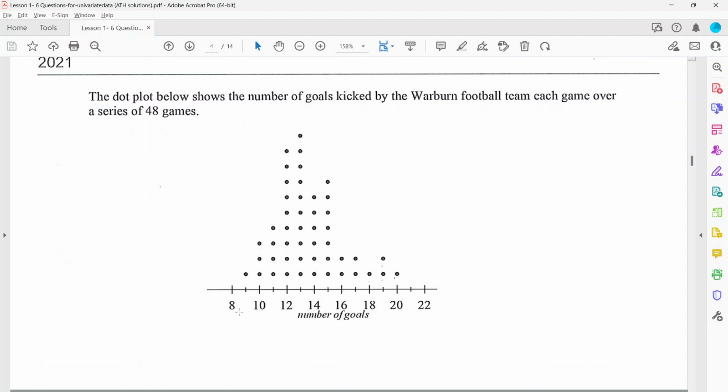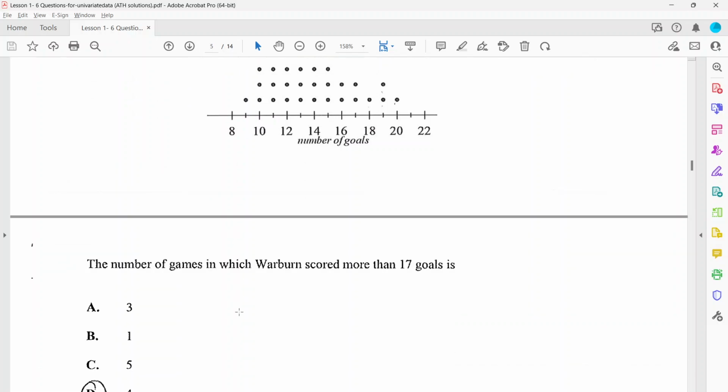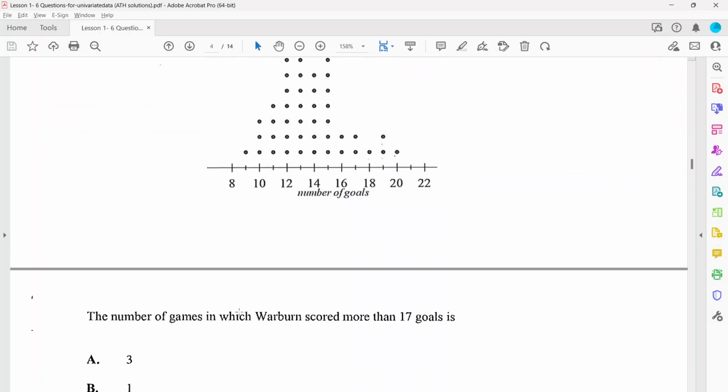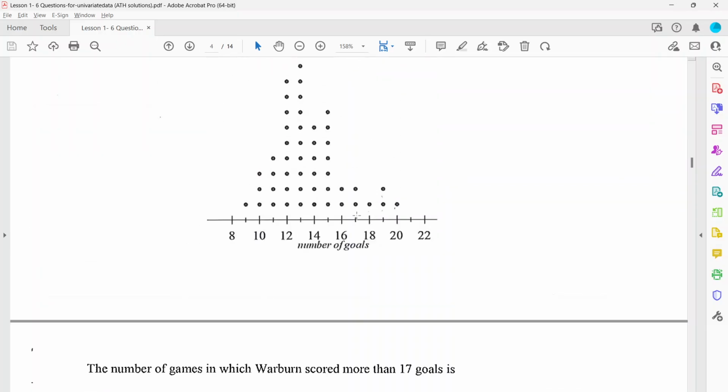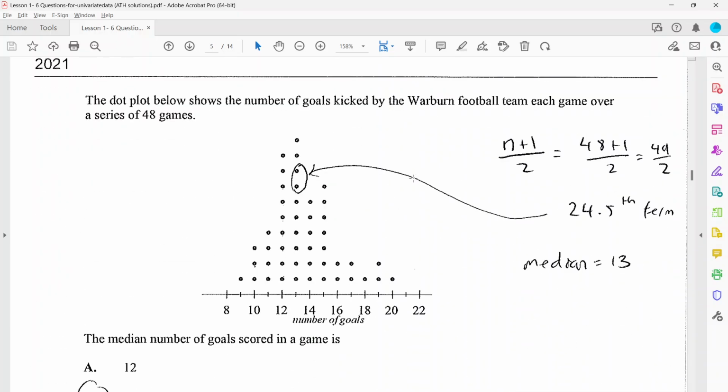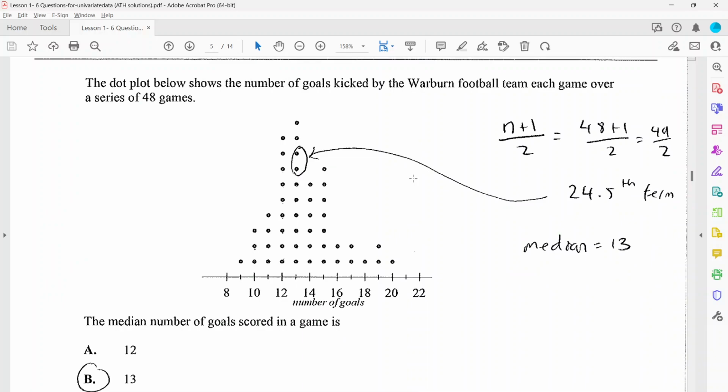Okay, so the dot plot shows the number of goals kicked by the Warburton football team in a series of 48 games. The number of games in which Warburton scored more than 17 goals. Well, simply, here's where 17 is, and this is where more than 17 is, so that's why it's 4. Same dot plot.